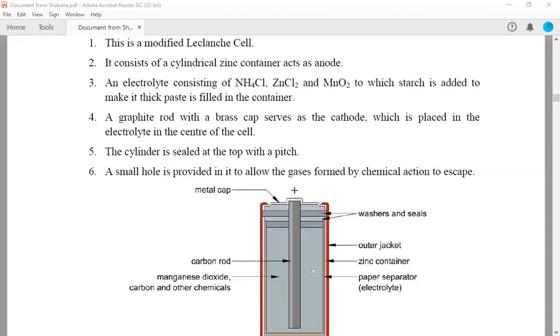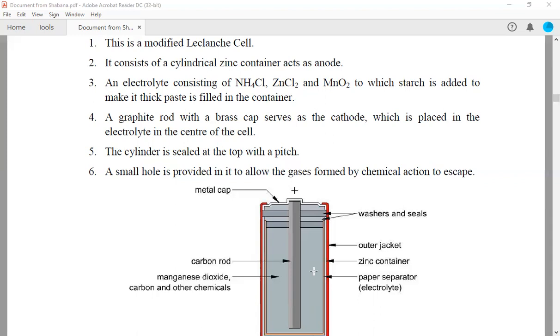And coming to the cathode, zinc is an anode and the electrolyte, I already told you, is ammonium chloride, zinc chloride and manganese dioxide. To prevent the leakage, we have to make it a thick paste by adding starch.